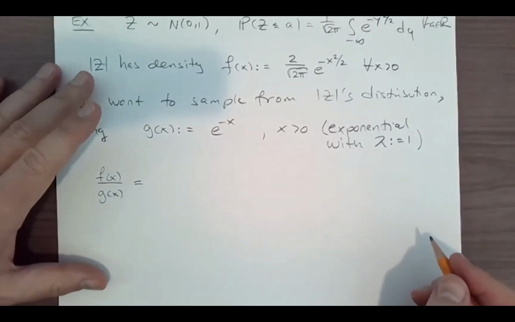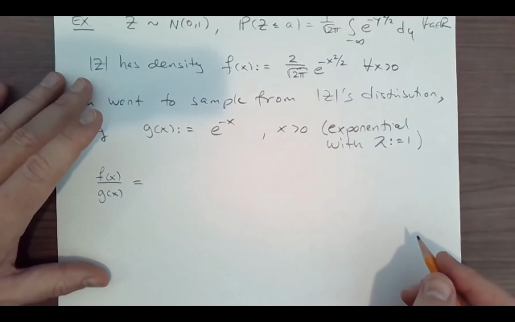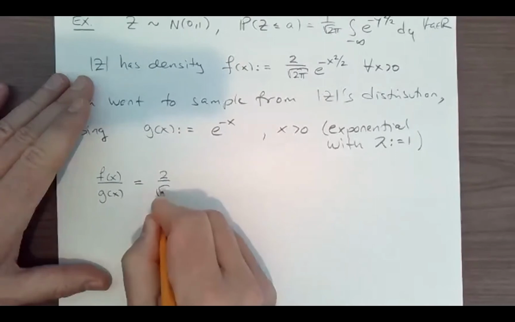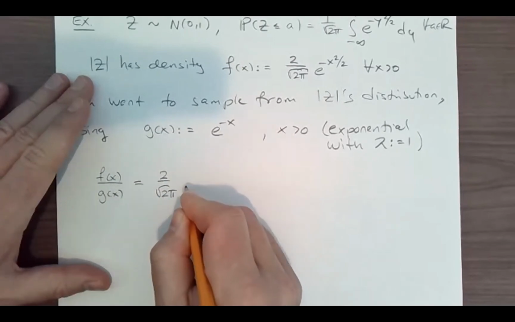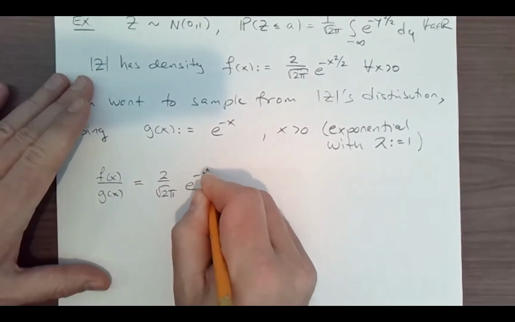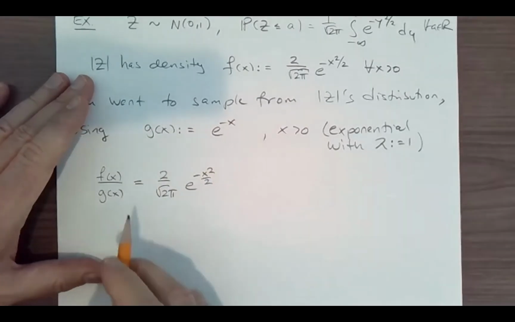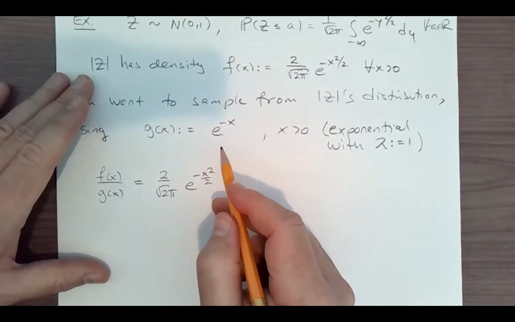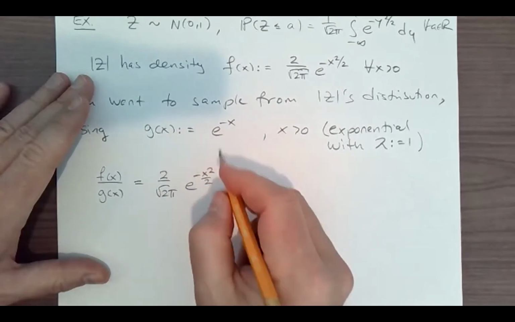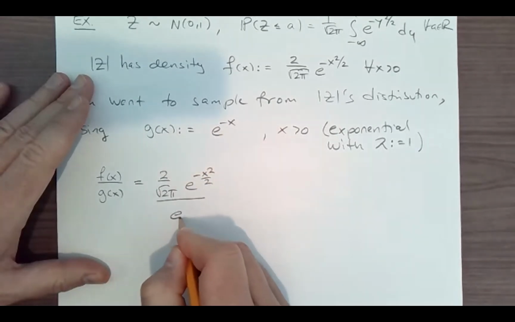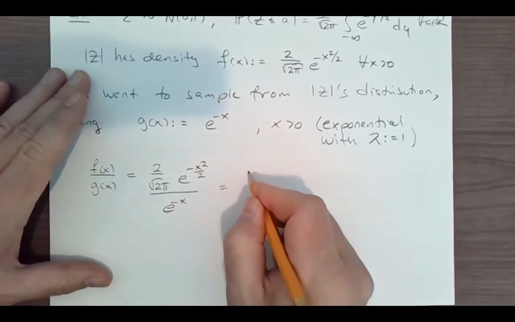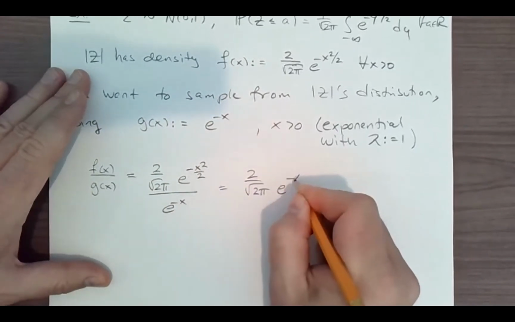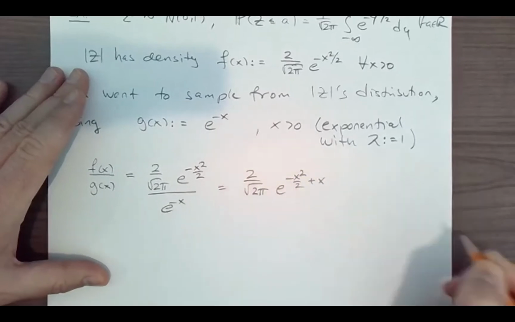This is the ratio we want to be bounded by something close to 1. So this is 2 divided by root 2 pi e to the minus x squared over 2, that was the top part, and then the bottom part is going to be e to the minus x. Right, so we can write all that out: 2 divided by root 2 pi e to the minus x squared over 2 plus x.